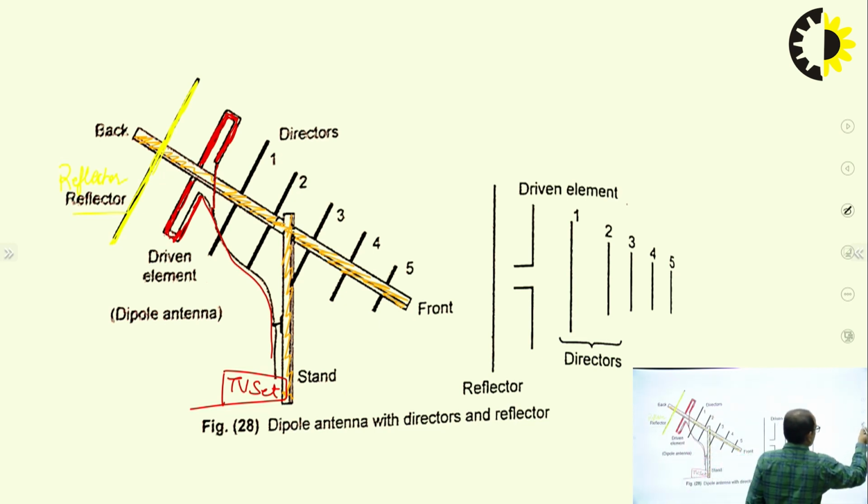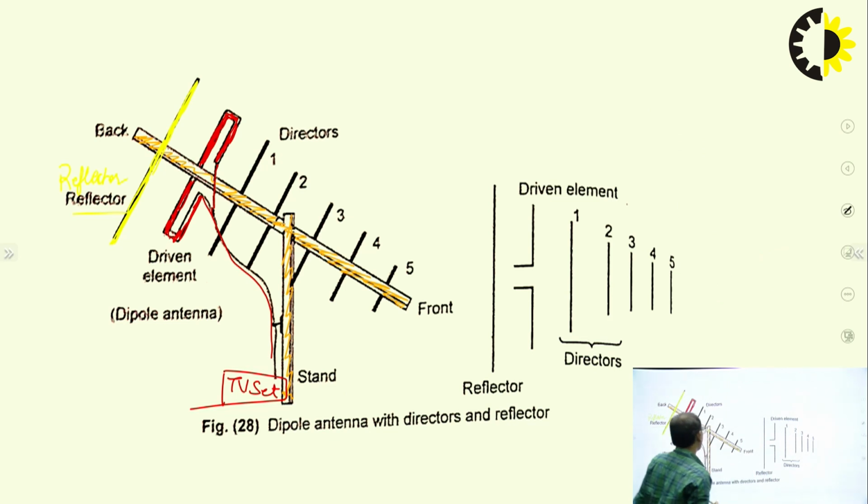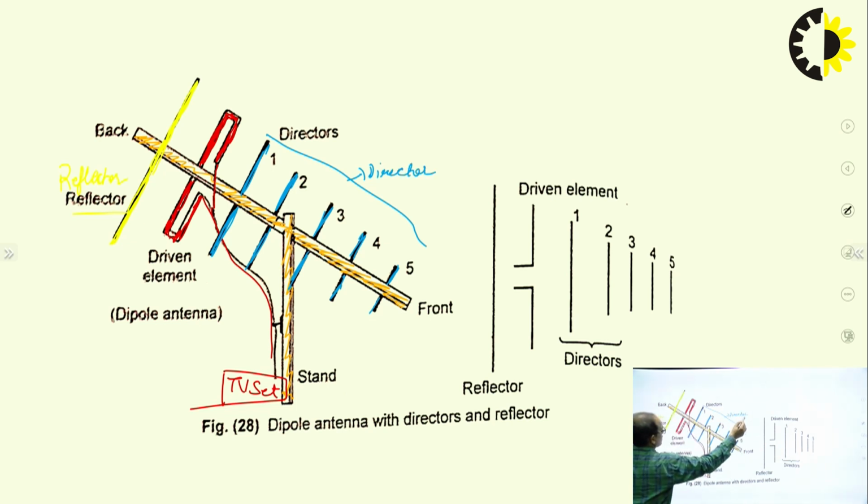The conductors which are placed in front of the driven element are known as the directors. So from the figure you will observe that these are the directors, this is the reflector, and this one is the main driven element, that is a folded dipole.